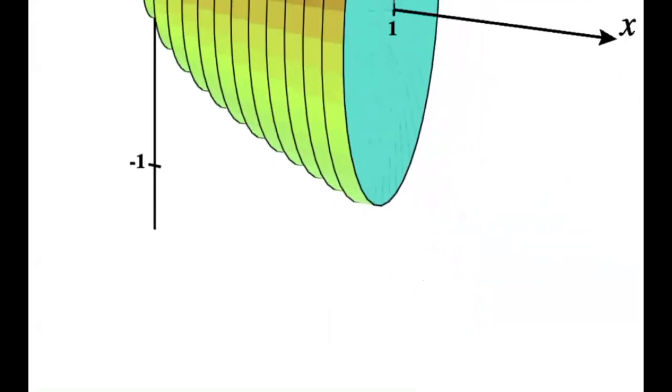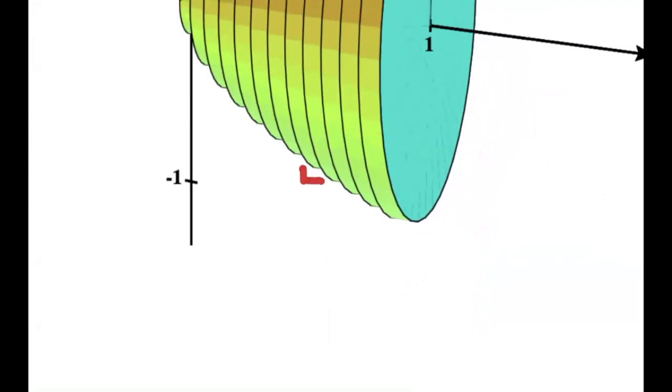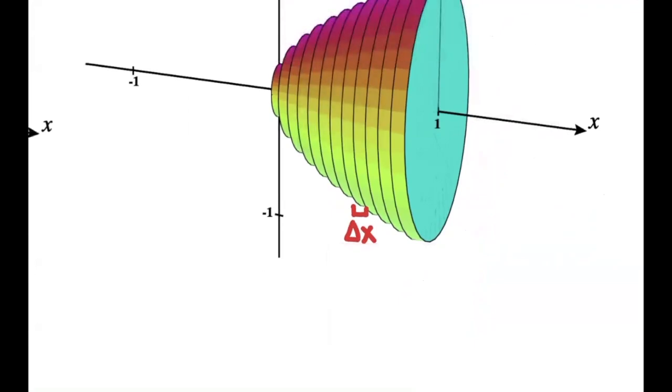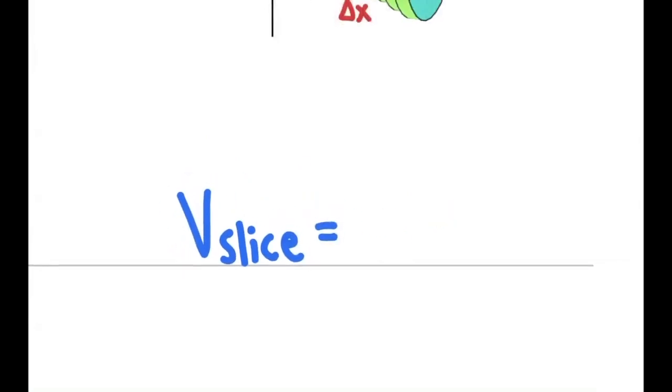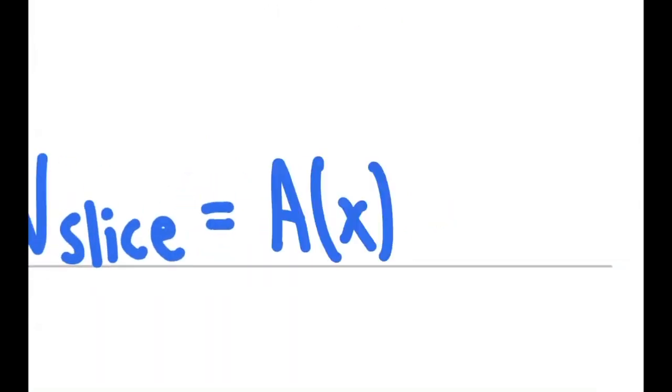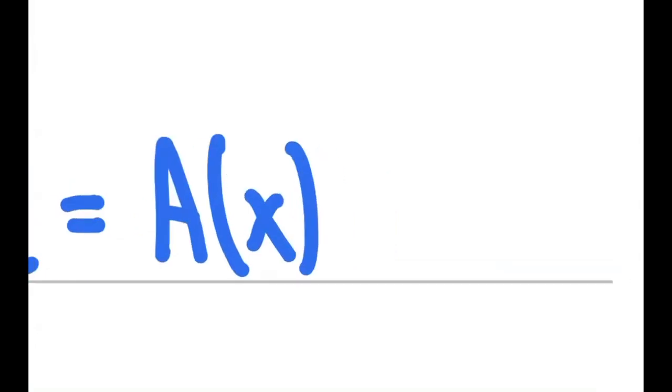Let me pick a random slice, like this one right here. The thickness is delta x. So the volume of a slice is going to be the cross-sectional area at x times the height of the disk, which is the thickness, delta x.